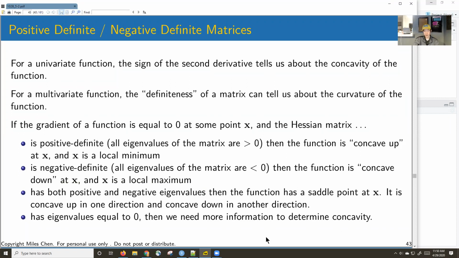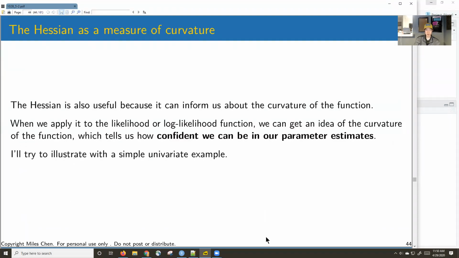We're going to run out of time for today. But like the second derivative of a univariate function, a high second derivative will tell you that you've got a high change in the slope, which indicates very high curvature. The same idea can be applied to the Hessian matrix, which is our multivariate generalization of the second derivative.